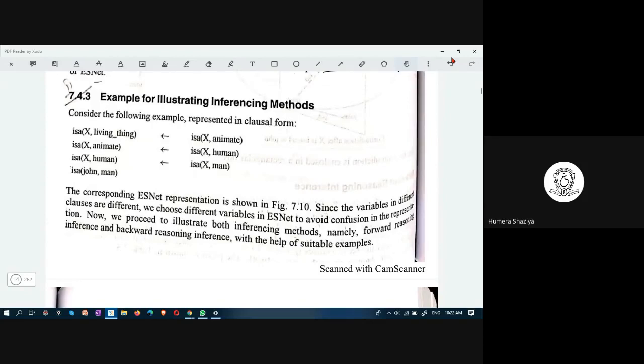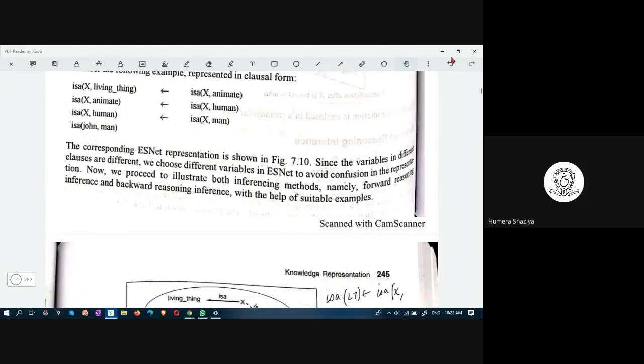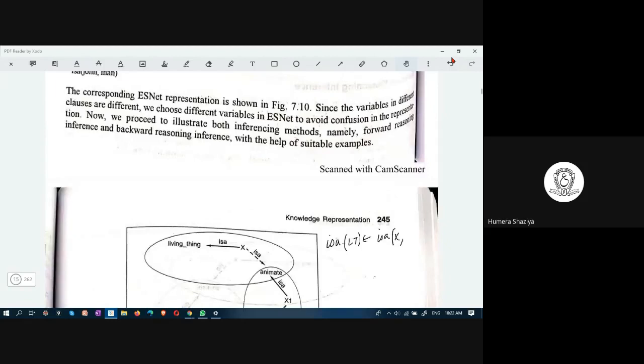Animate in human. X is a living thing implied by X is animate.